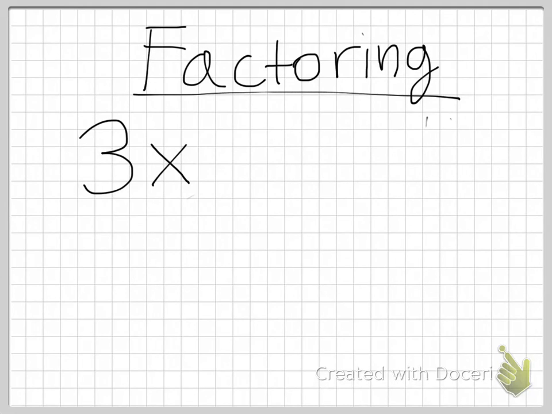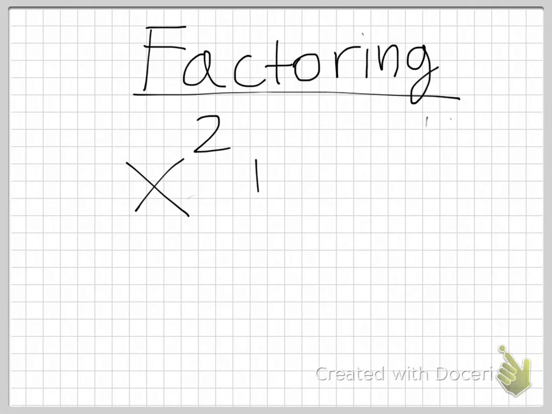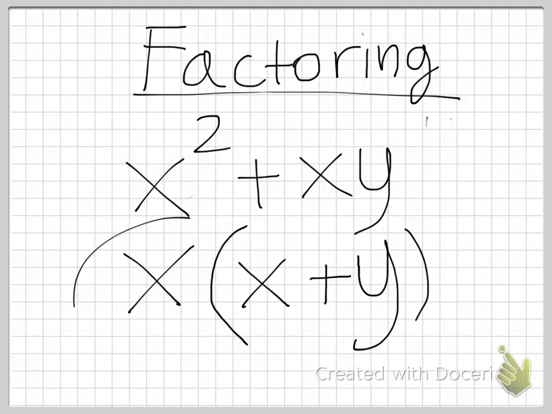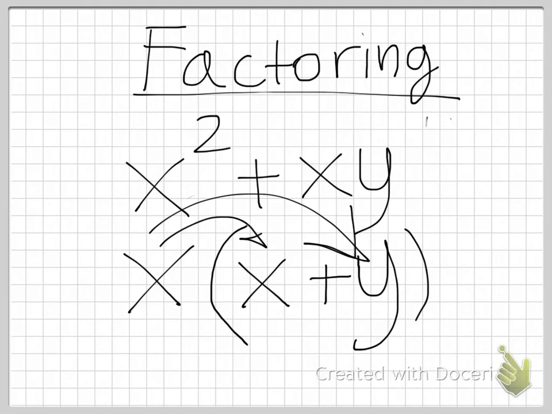And you can even factor x squared plus xy. You can also factor this by factoring out an x. So you get x times (x plus y). That's how you factor that, because if you use the distributive property on this, you'll get x squared plus xy.